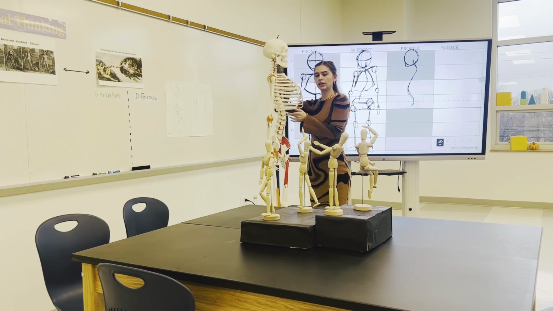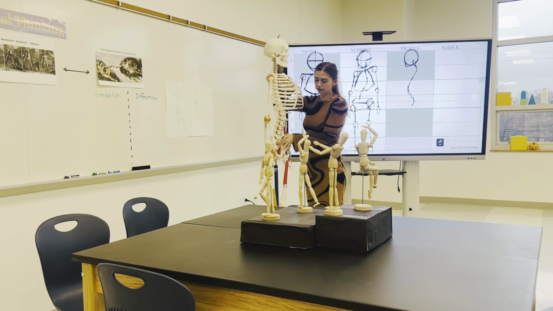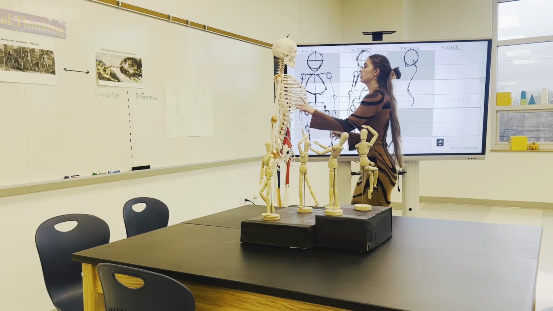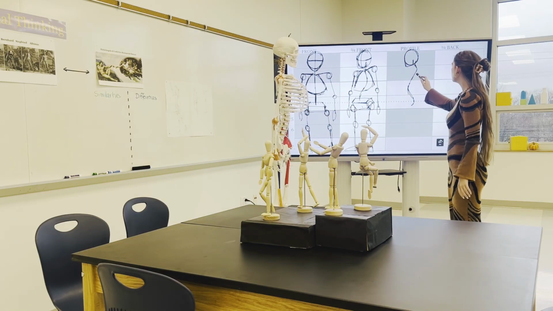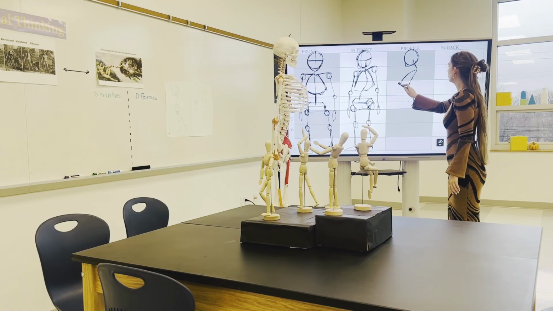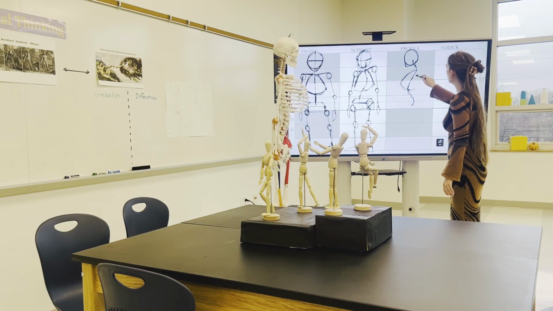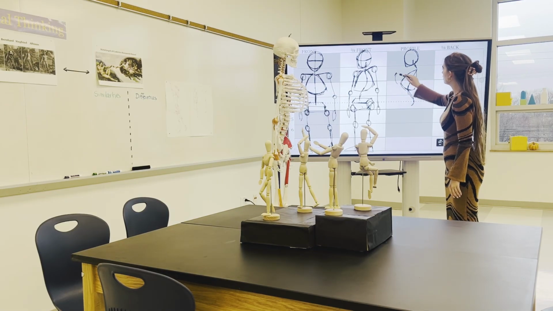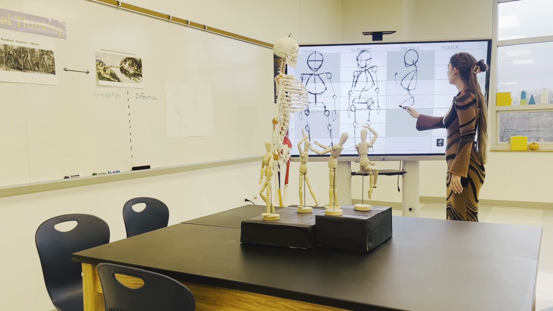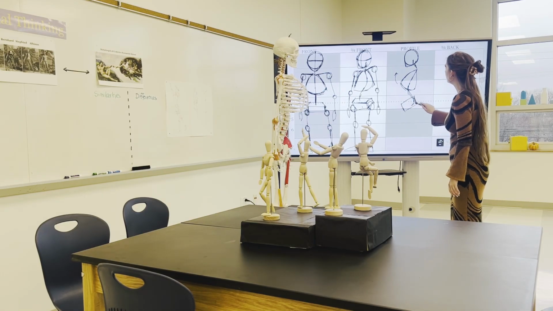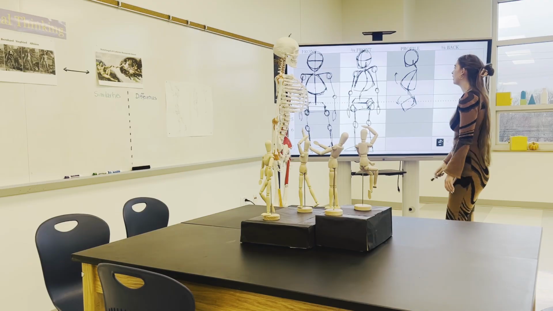If we notice, our rib cage points up and our pelvis points down. This is something that I really emphasize with my students. I always say the rib cage points up, meaning it comes this way out, and then our box for our pelvis points this way down.